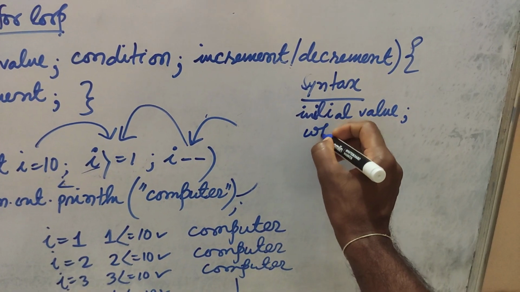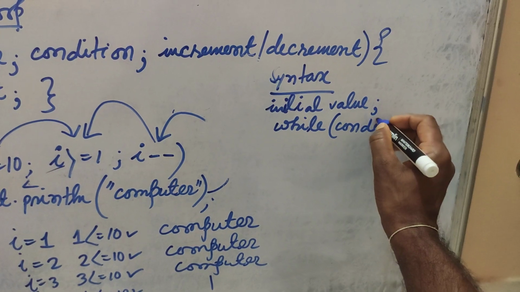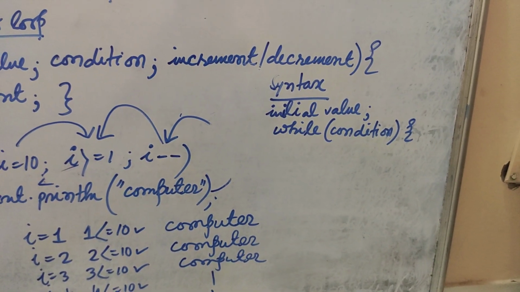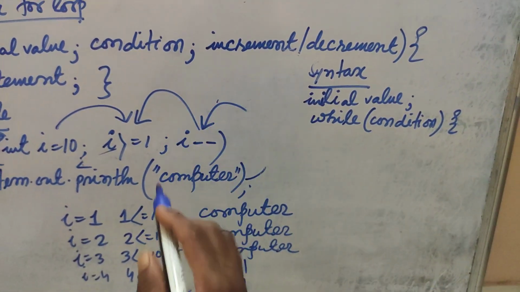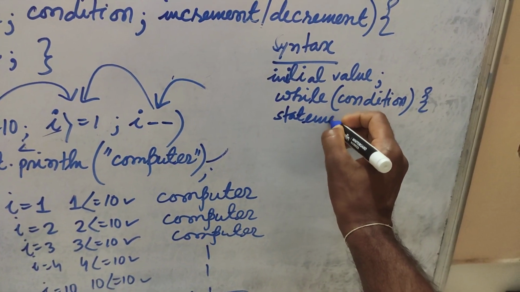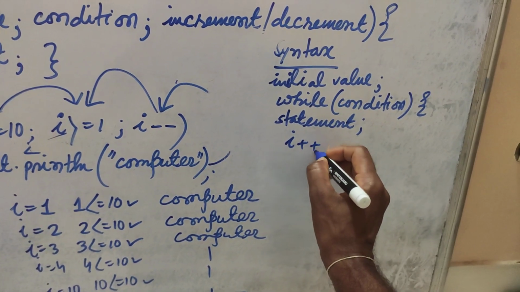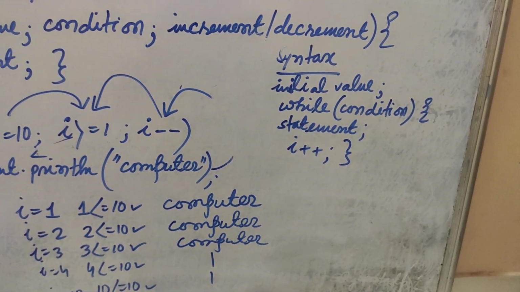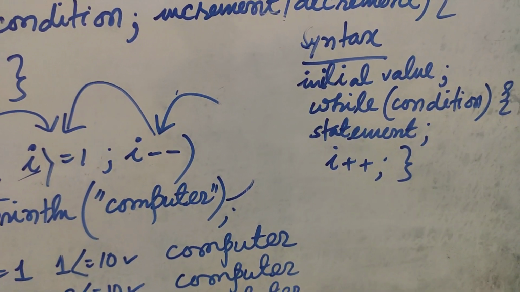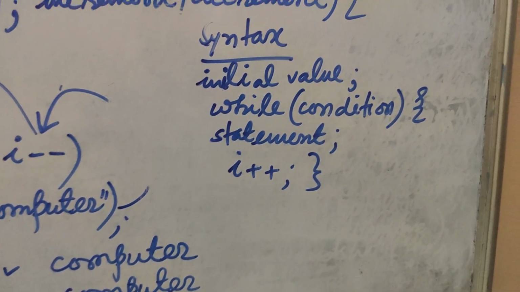Then while, inside the parenthesis, the condition. Then according to this, the statement. Then I plus plus or plus plus I. Maybe some statements. So here always you have to give the braces if there will be two statements.